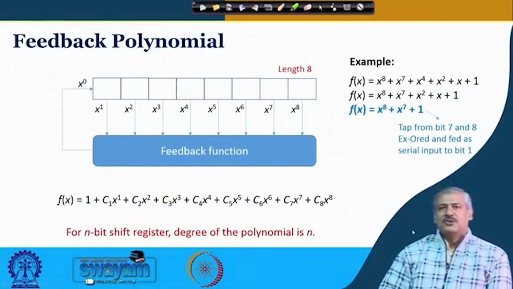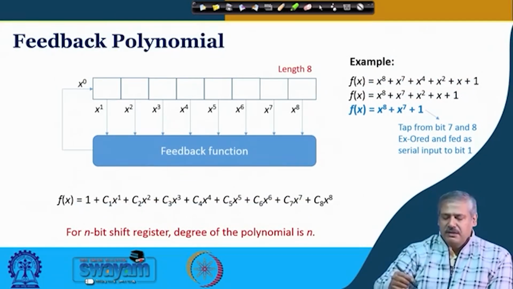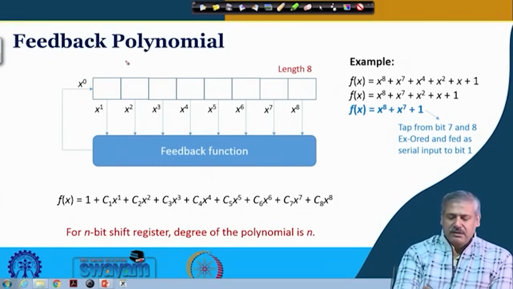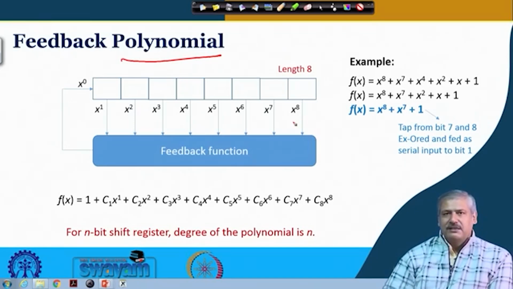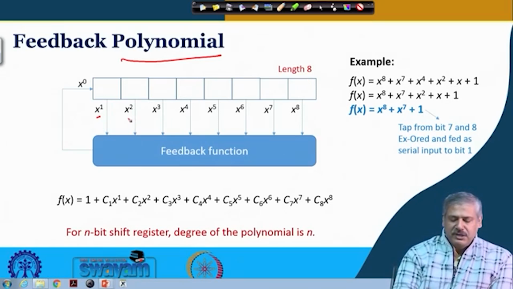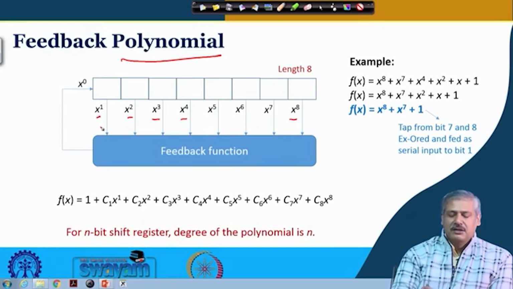What we have seen is redefined in a manner by which we introduce the term feedback polynomial. In this, instead of x1, x2 up to x8, we represent the output of this shift register of length 8 as x to the power 1, x to the power 2, x to the power 3, x to the power 4, etc. up to x to the power 8, as if each one of them is delayed by 1 unit D, delayed by 2 units D square, D cube, D4.